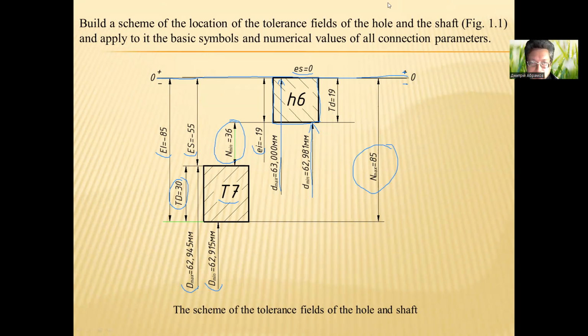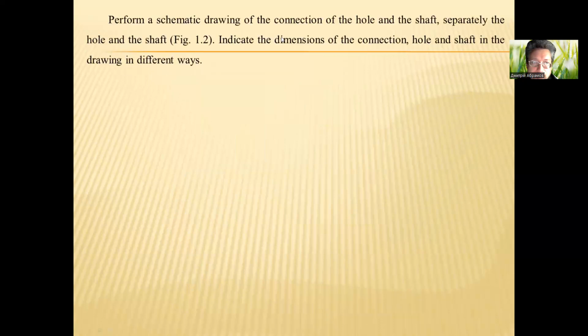And we continue. Perform a scheme drawing the connection of the hole and the shaft, and the hole and the shaft separately. Indicate the dimensions of the connection, hole and shaft in the drawing in different ways.